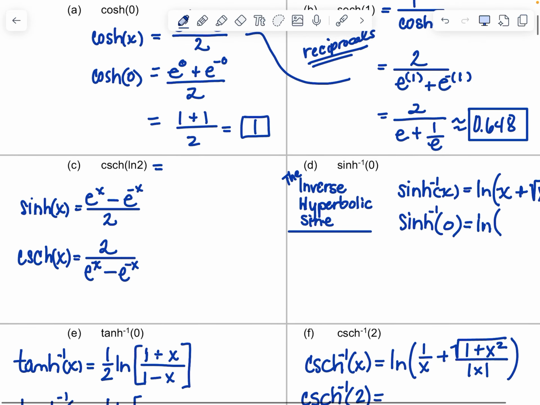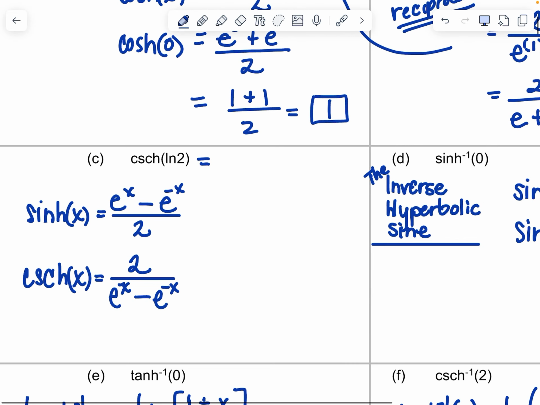Then you have the hyperbolic cosecant here. Again, here's the sine. The hyperbolic sine is the reciprocal of the hyperbolic cosecant. If I want to know what the hyperbolic cosecant of ln of 2 is, I'm going to use this formula and put ln of 2 in for x.